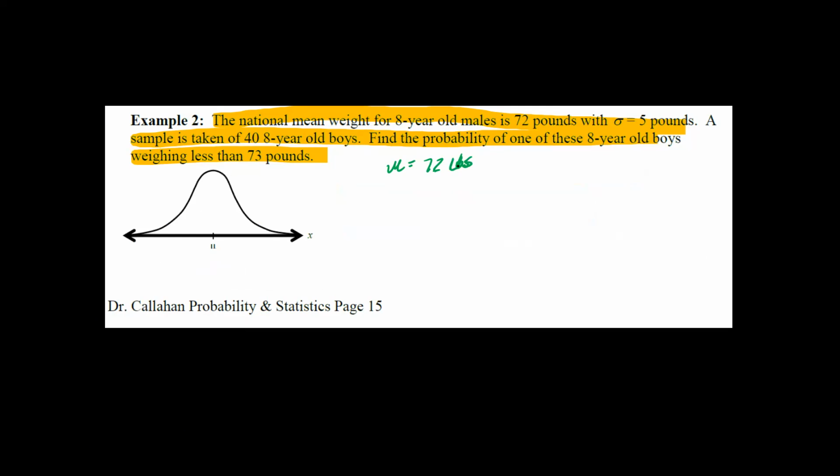So 72 pounds with a sample standard deviation of 5. A sample is taken of 40 8-year-old boys, so the sample size is 40. Find the probability of one of these 8-year-old boys weighing less than 73 pounds.